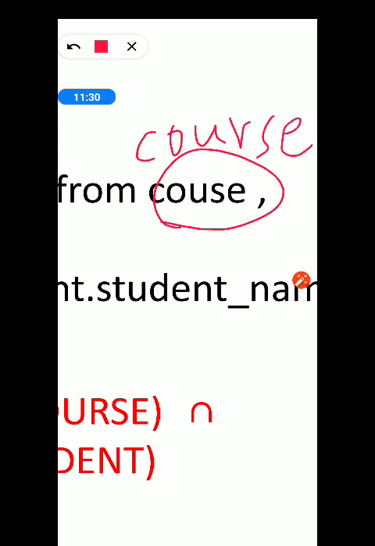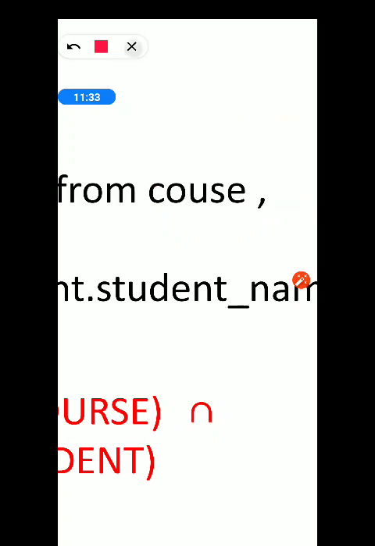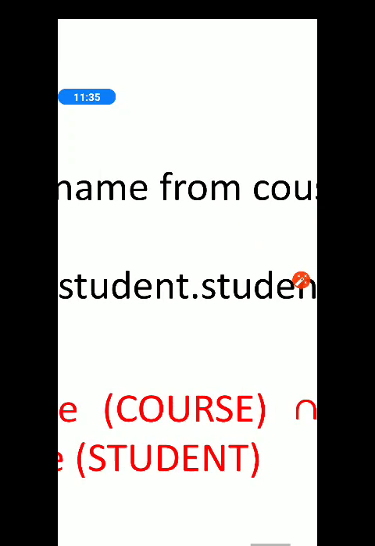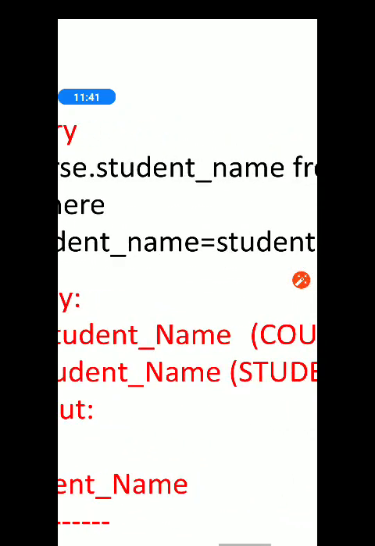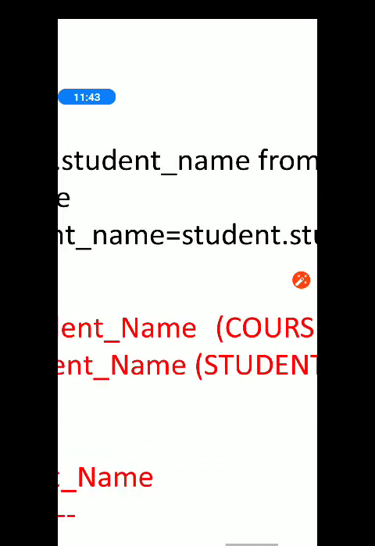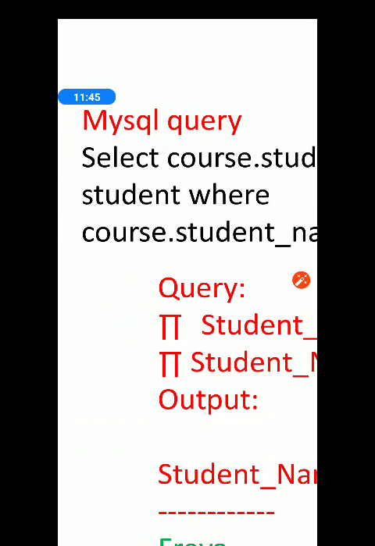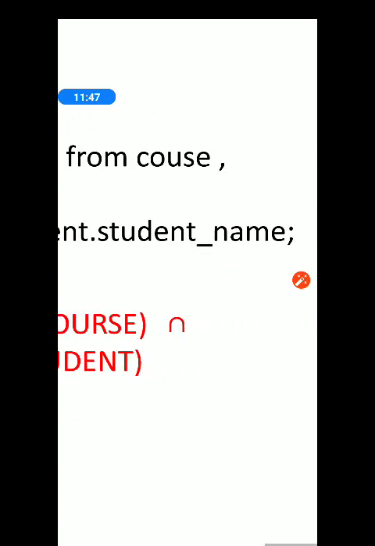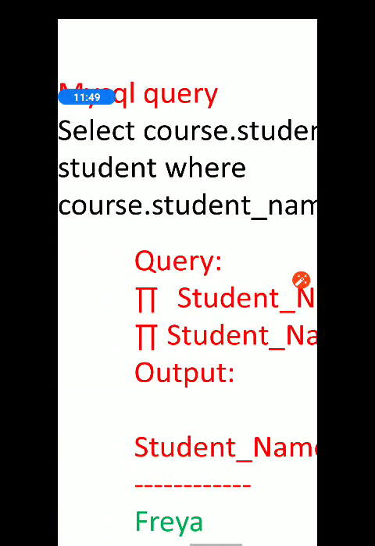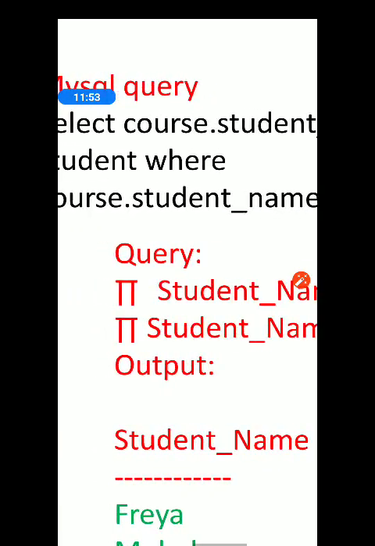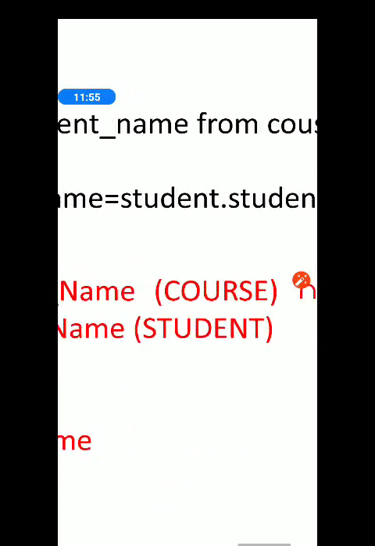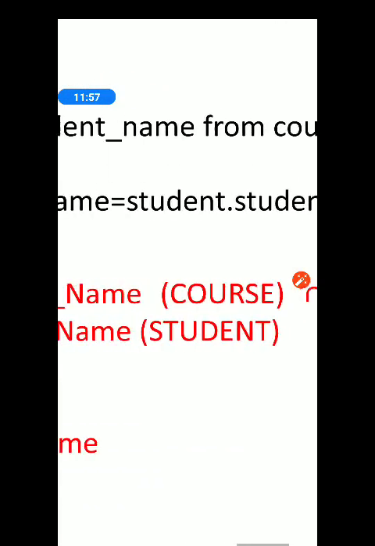Okay, an R is missing here. So select course.student name from course, comma student, where course.student name equals to student.student name.